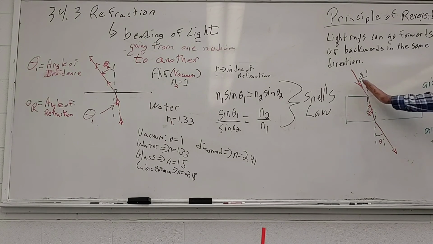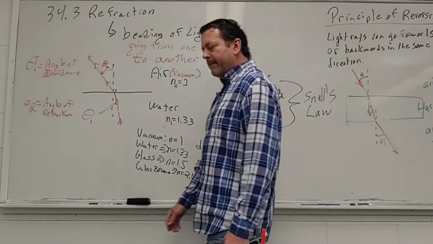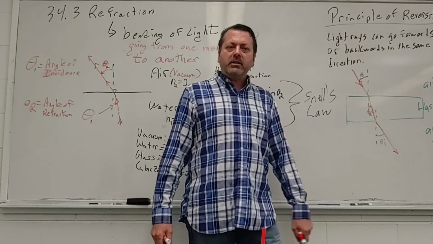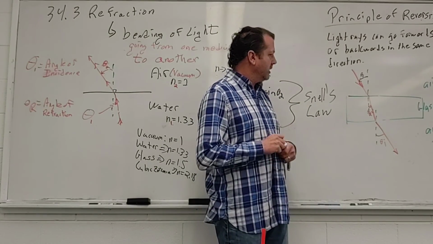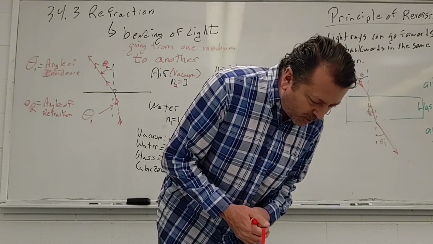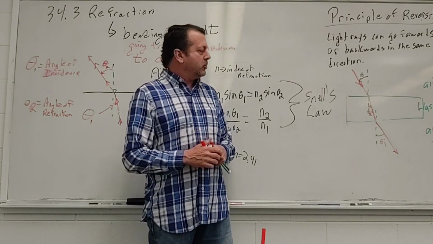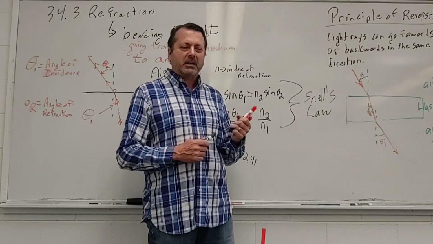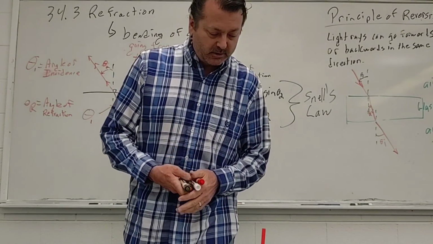So if you could extend these out, those would be parallel to each other. It shifted the light over, but it comes out at the same angle. Interesting. And that's what example 34.3 lets you calculate, and they go through that. That's a good little example to do, something like that put on a test for optics.